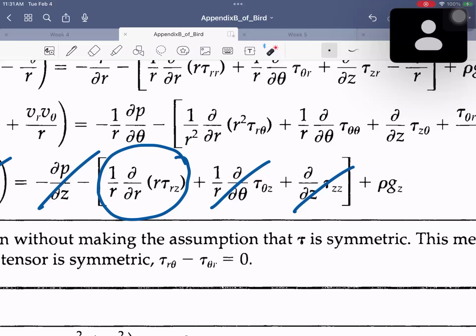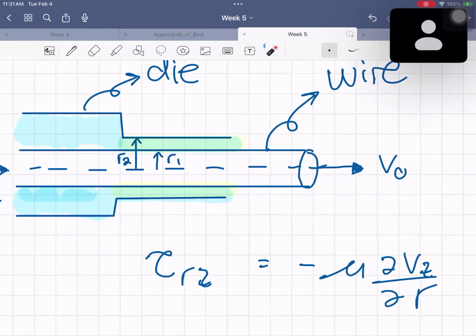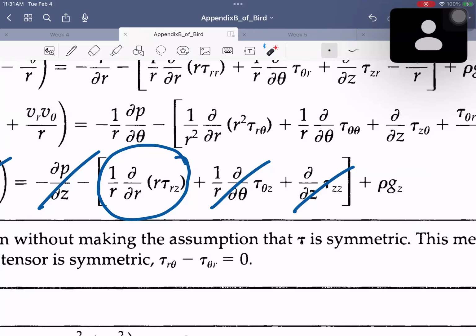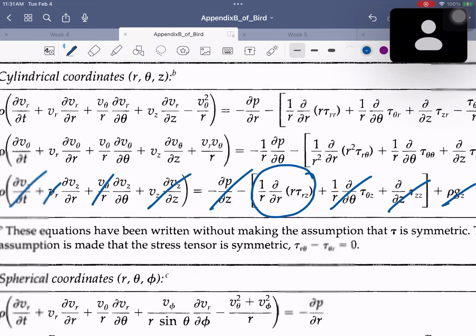No, because if you take a look at the picture right here, our system is defined within this very, very narrow channel. So the effect of gravity can be neglected. So in this case, the gz can be taken as 0. So what we have left is only one term. All right, we only have one term.